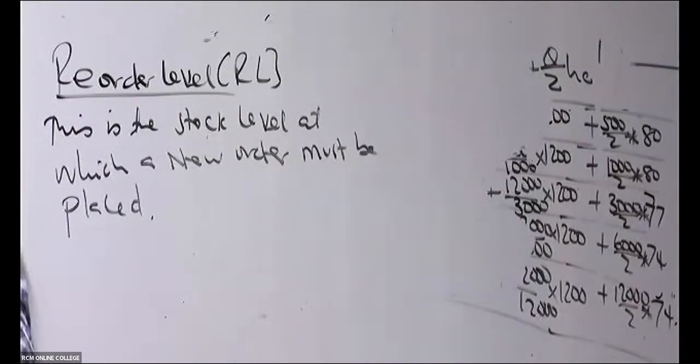So remember, if you've got, say, 1,000 units in stock, as you consume, it will be 900, 600, 500. You can't go down to 0 before you start placing an order. If you go to 0, you will run out of stock. You're going to experience what we call stock out.